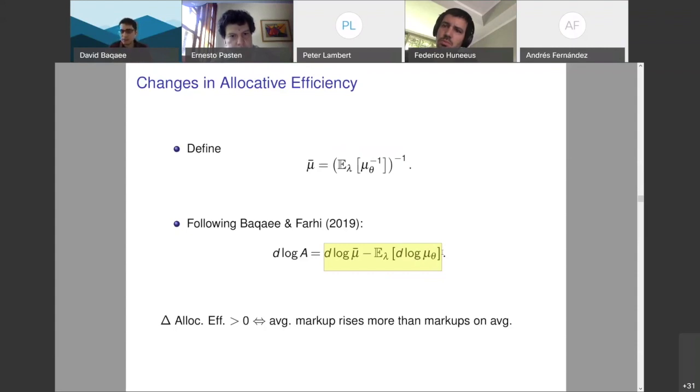Now, this might be surprising if you're not used to thinking about this stuff a lot, but you have to recognize the fact that the distortion associated with a markup is that the firm is too small. So if something causes the firm that had the high markup to start producing more, that's going to be an improvement in productivity. That's going to be key to the mechanism in the paper.